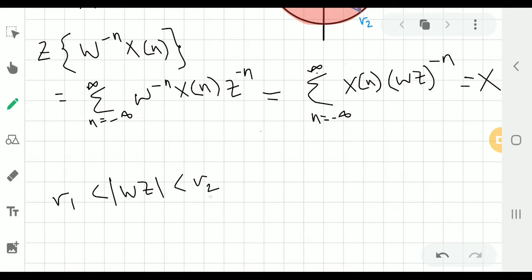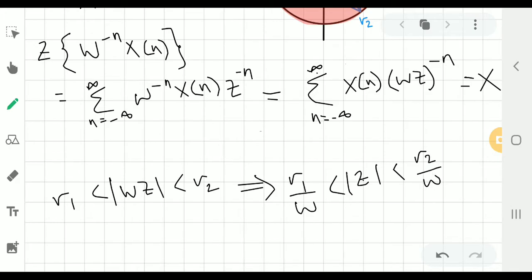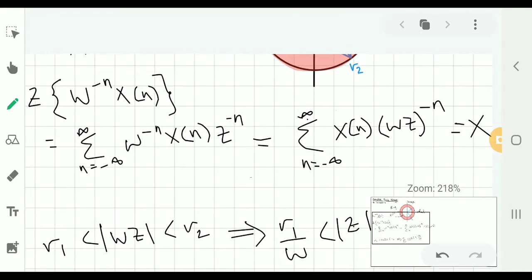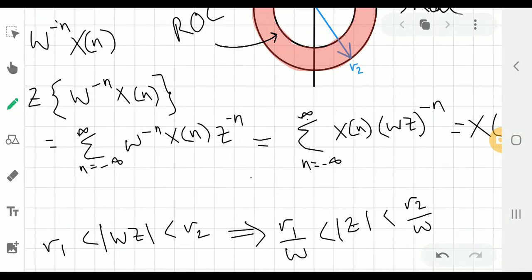And so for the magnitude of z, we'll have R1 over W less than the magnitude of z, and z is also less than R2 over W. So basically, the way this ring is constructed is controlled by this W here.